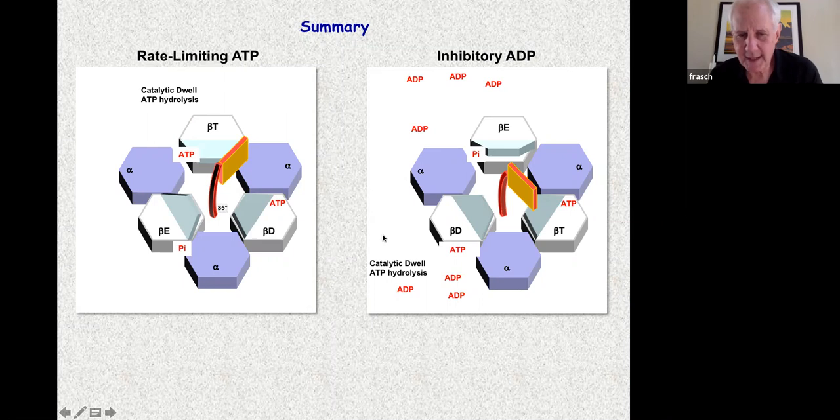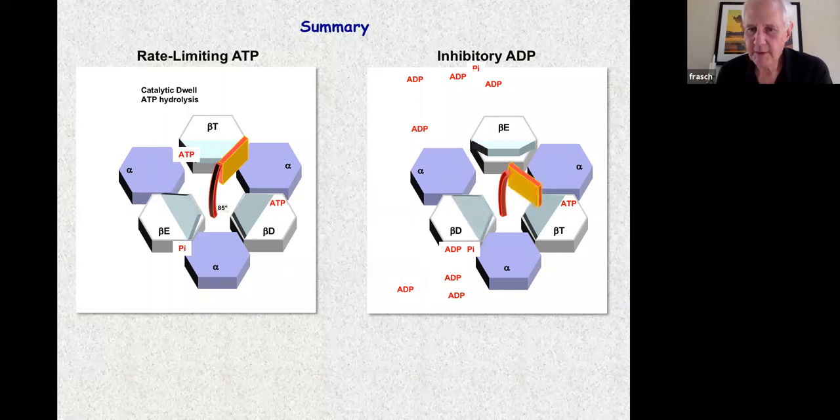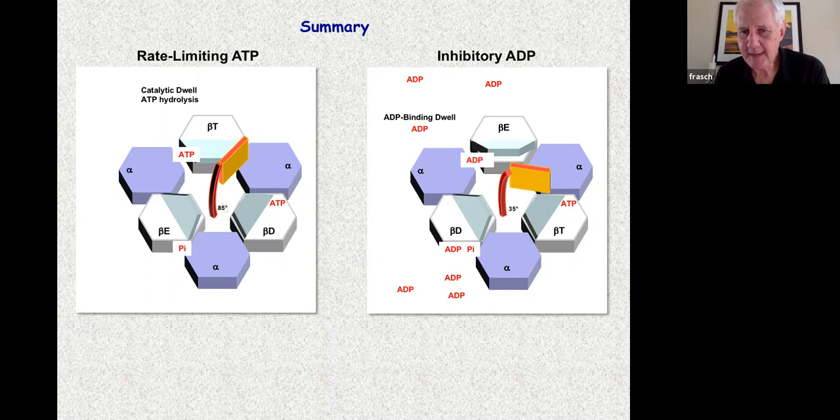Okay, so what happens at high ADP, where we have lots of ADP lurking around, waiting to bind? Then we start off the same. Catalytic dwell here, ATP gets hydrolyzed. But now, when the phosphate comes off and it starts to rotate, the ADP outcompetes the ATP, gets in there and won't let the ATP bind.